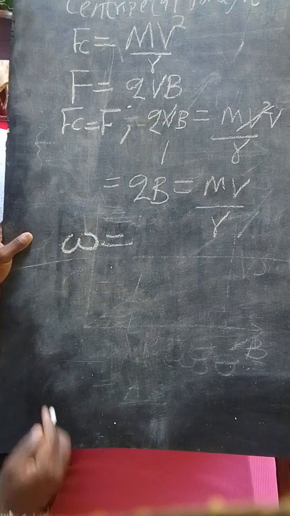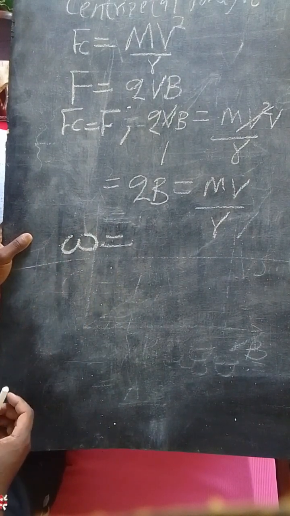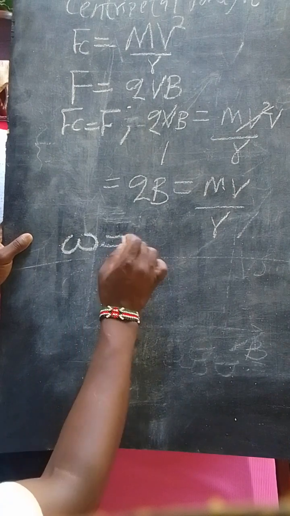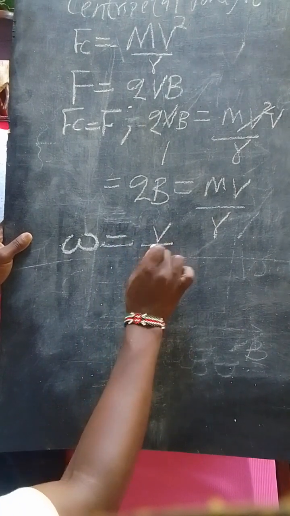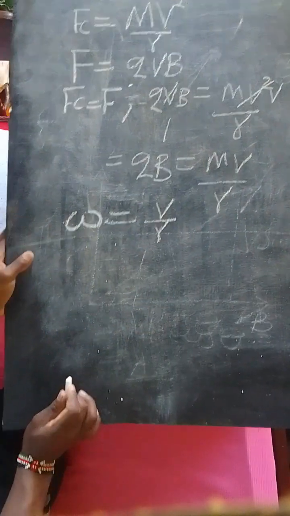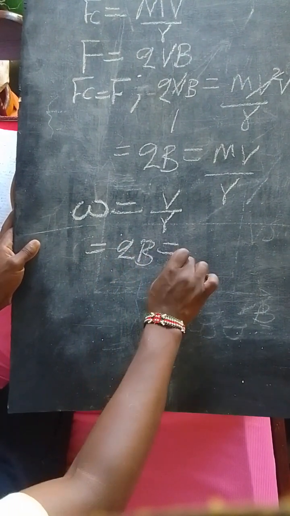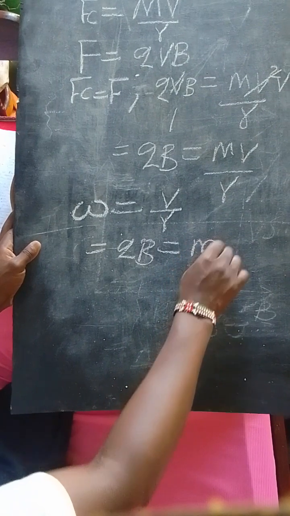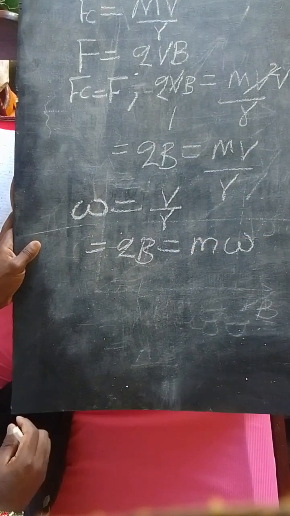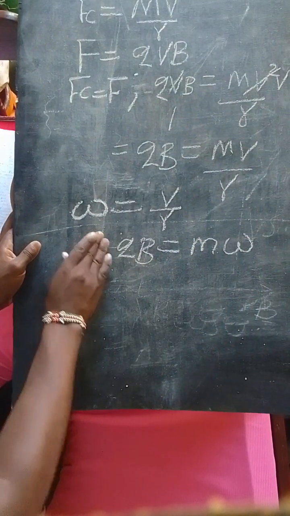We use this symbol omega to represent angular velocity, which is equal to V over R. Therefore, we will say that QB is equal to M omega.